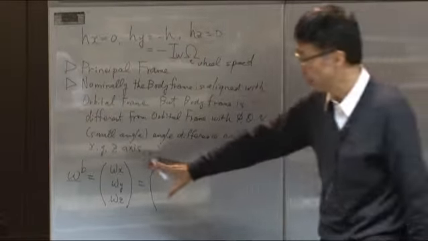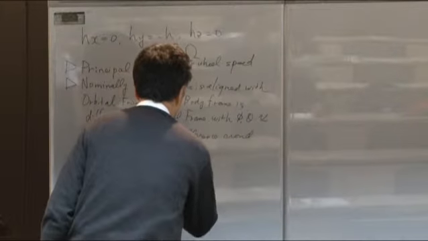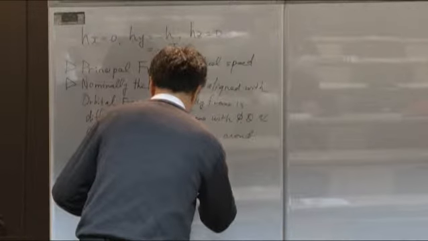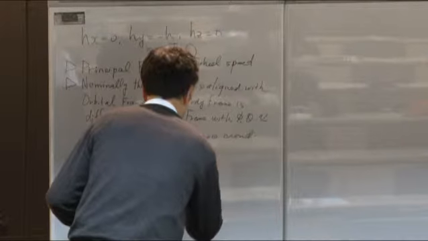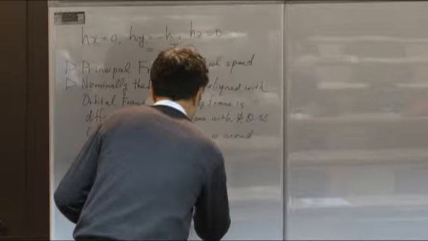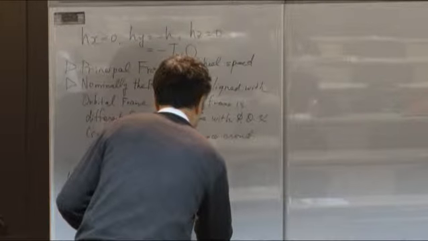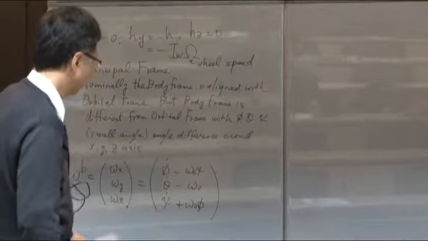So that is omega b, and this can be written as phi dot minus omega 0 psi, and so on, with psi.